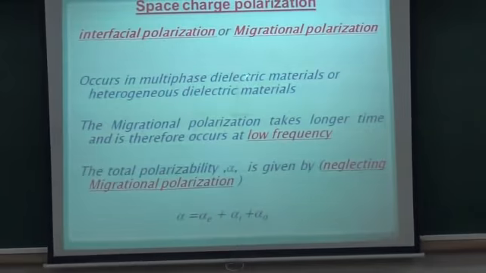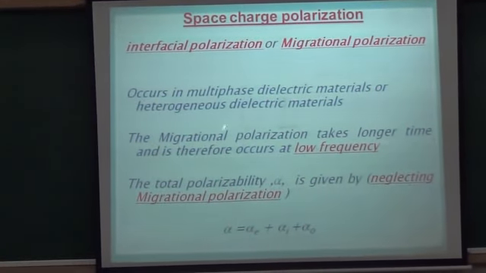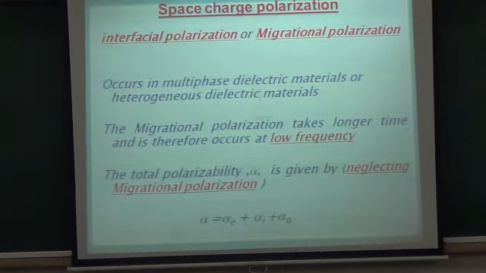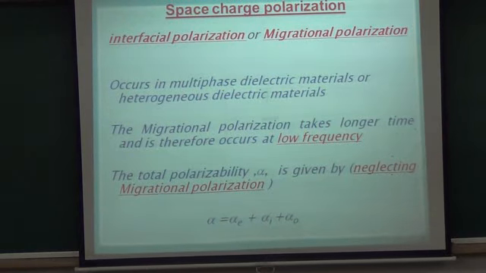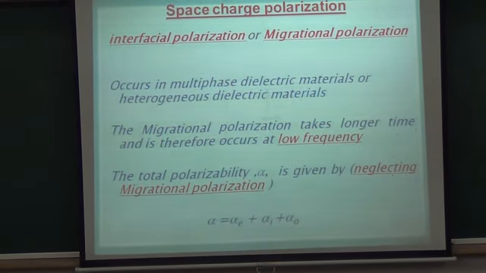Now this is space charge polarization. Normally it happens in heterogeneous materials, where the symmetry is broken after a certain distance. It's not a perfectly similar structure in the entire material, and in those cases it comes into the picture.